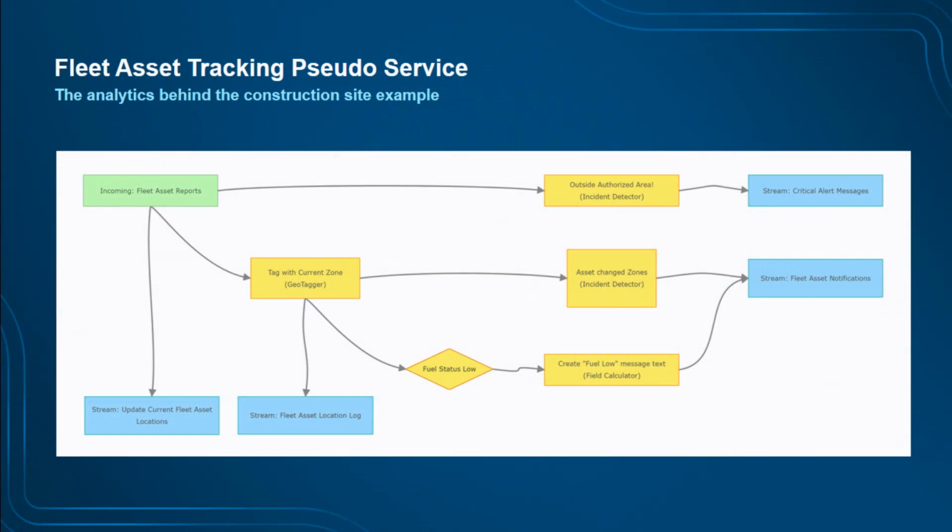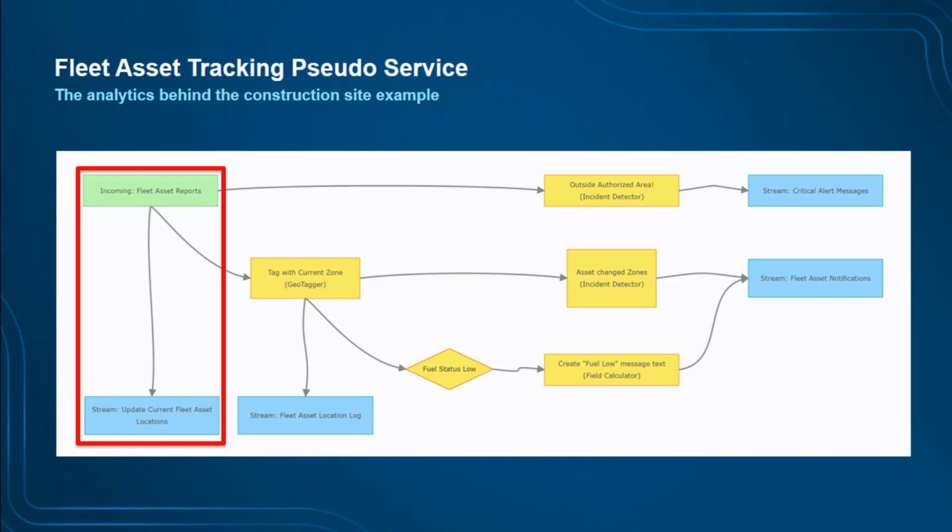So let's take a look at what the service might look like that enables that sort of information flow. If we just take a look at this one service, we know there's a single input that is receiving the location messages and the status messages from each vehicle over here on the left-hand side. And the first part of this workflow simply sends those messages onto an output.